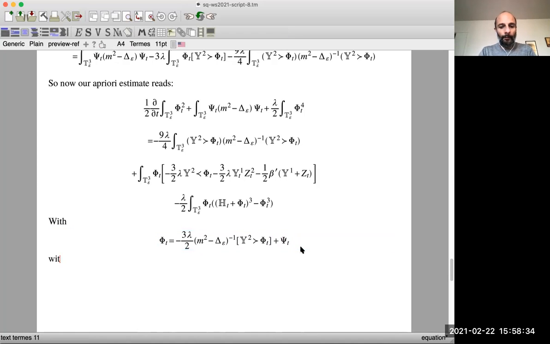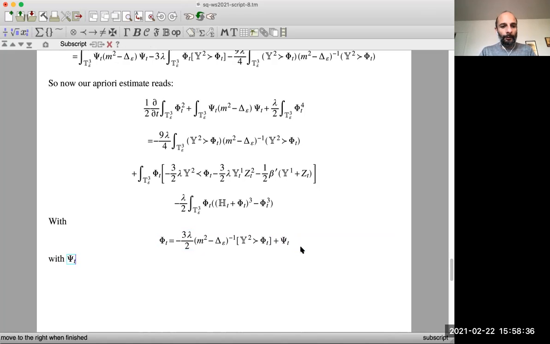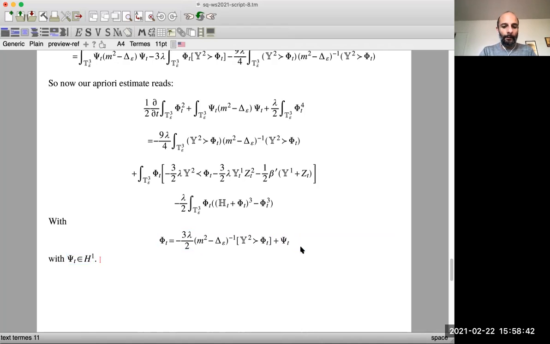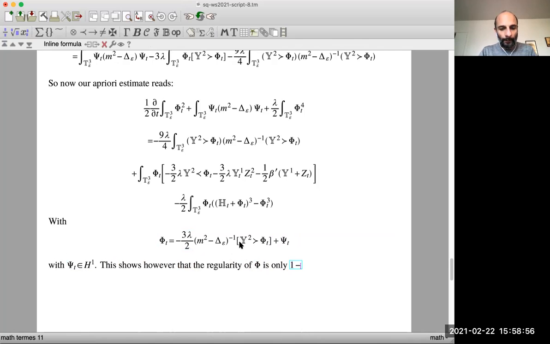Okay, with psi t in H1, but this shows, however, that the regularity of phi is only like 1 minus, you see, this is regularity 1 minus 1 minus 2 kappa, and this gains 2.